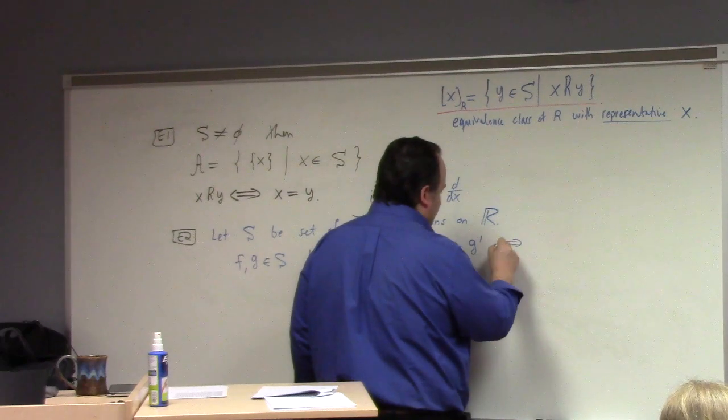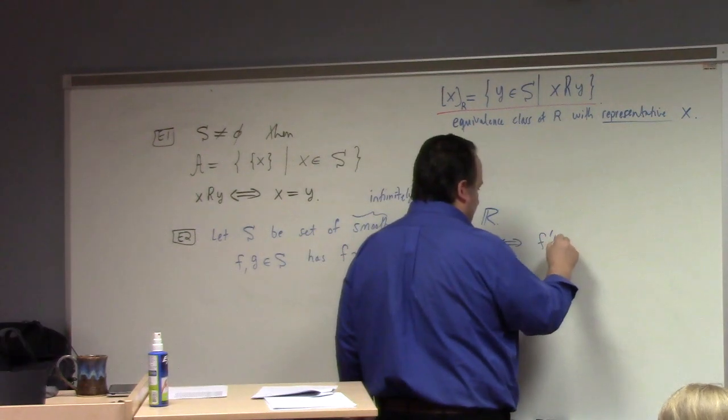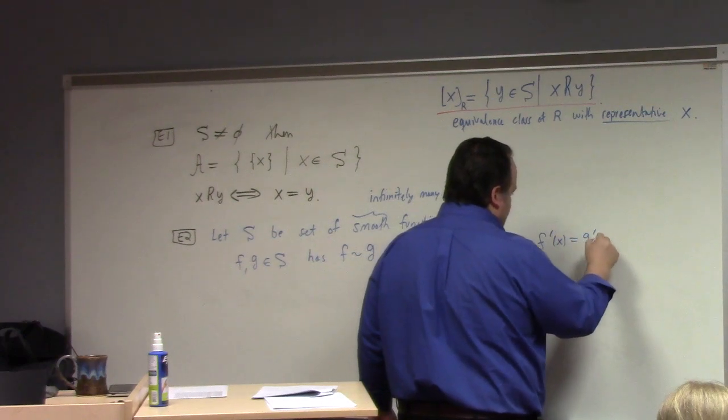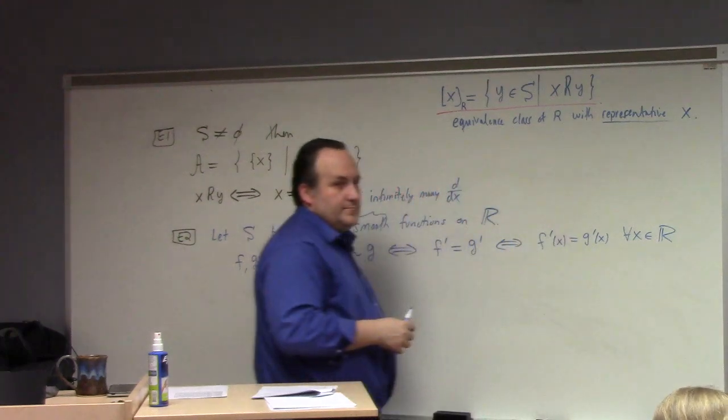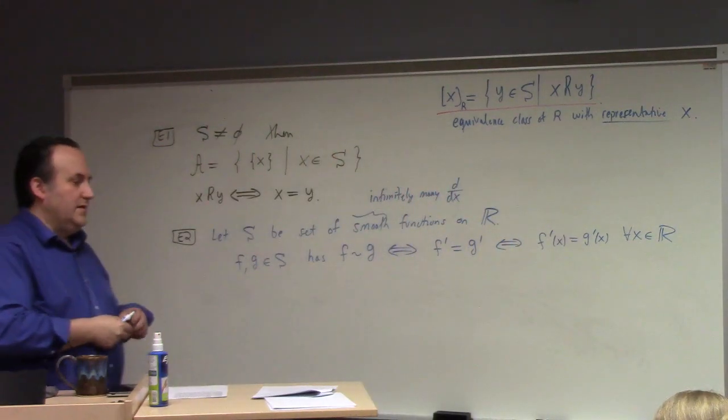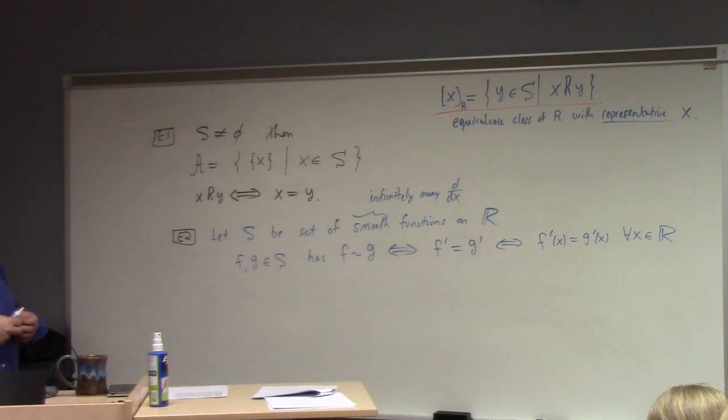And by that I simply mean, by the way, guys, that f prime of x is equal to g prime of x for all x in R. I could say two functions are equivalent if and only if they have the same derivative.